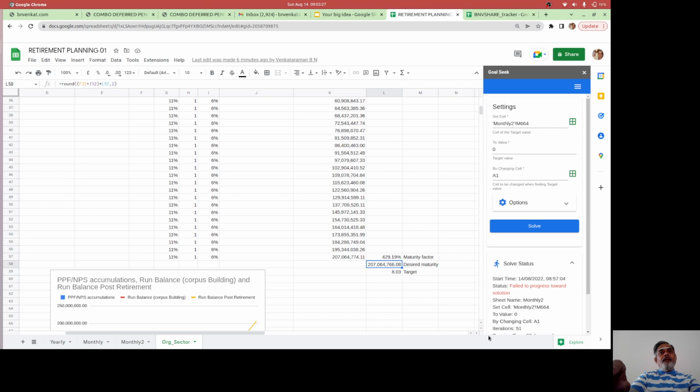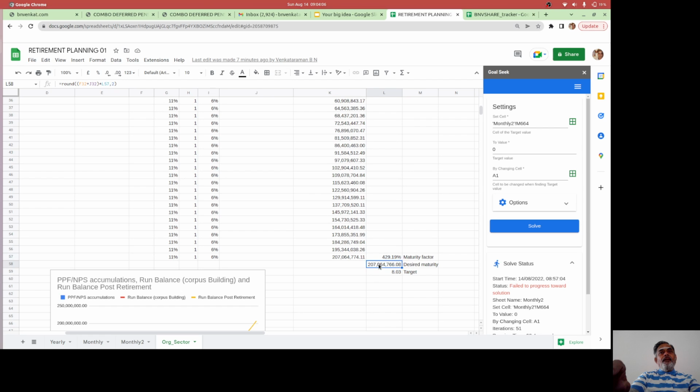The maturity amount calculation is, maturity factor is 1 plus the inflation percentage raised to the power of the end year 85 minus the retirement year 60, which is 25 years. This works out to 429.19. This is the maturity factor.